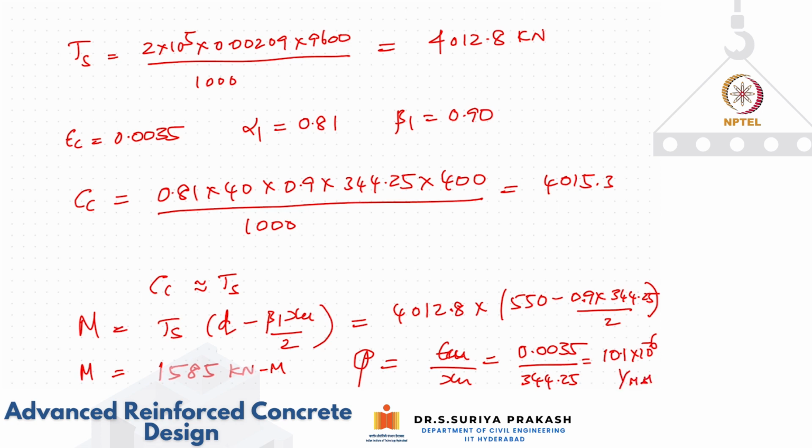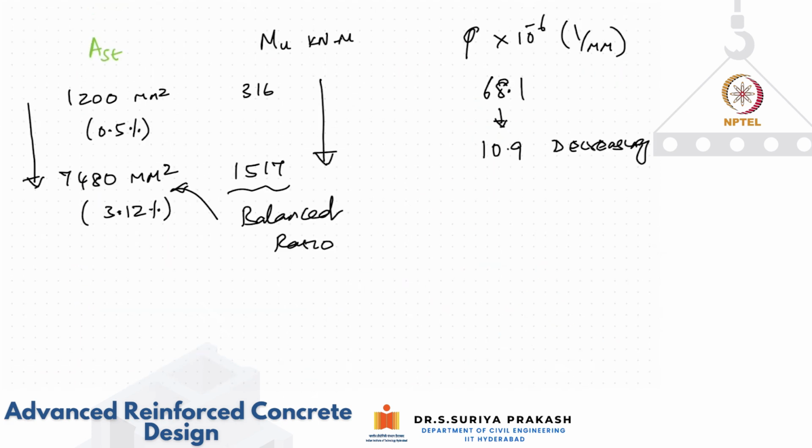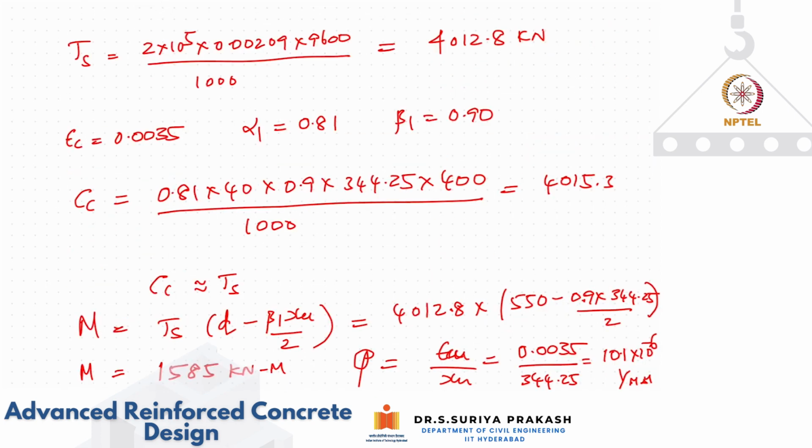So again, we can go back and compare. Now when the Ast has become 4 percent, which corresponds to 9600 mm square, what is the moment resistance that we got? We got a moment resistance of 1585 and curvature of 10.1.